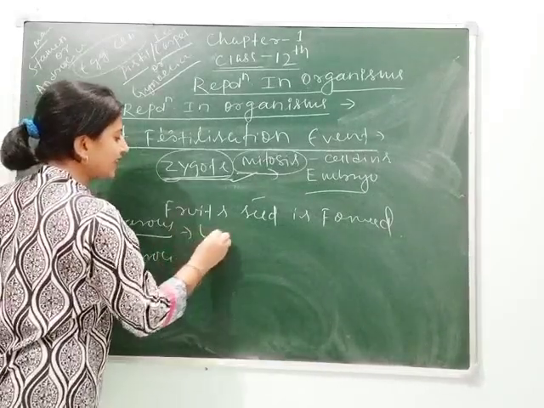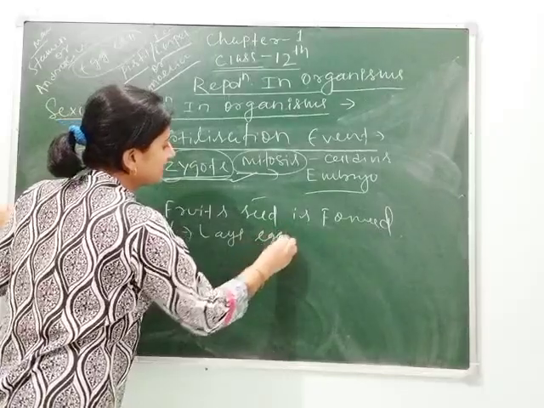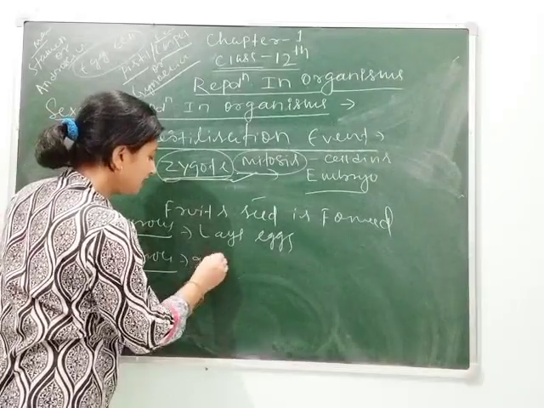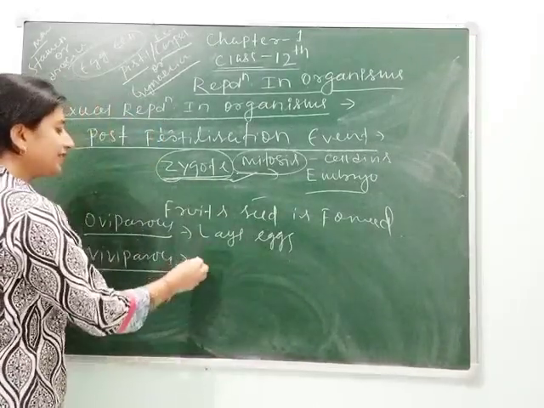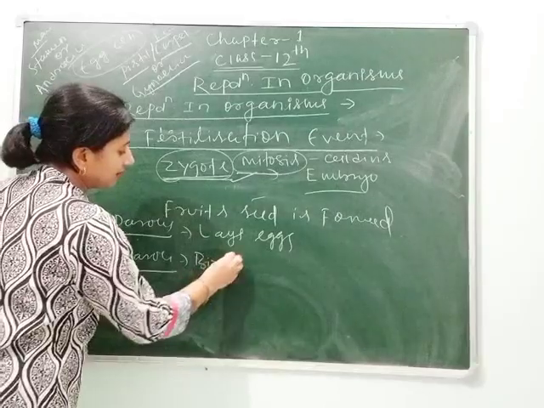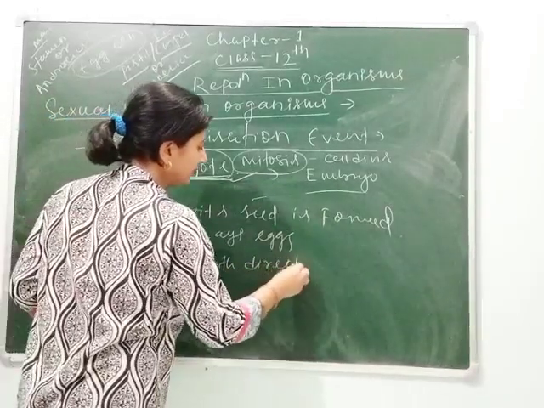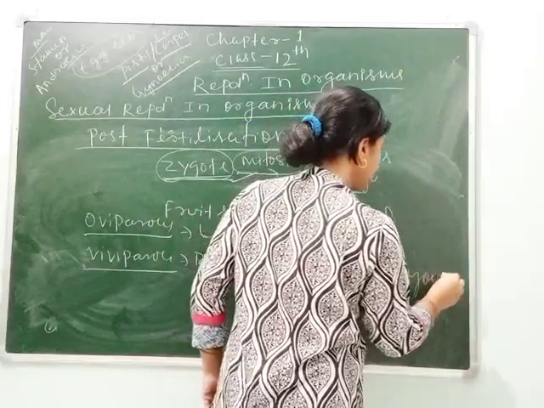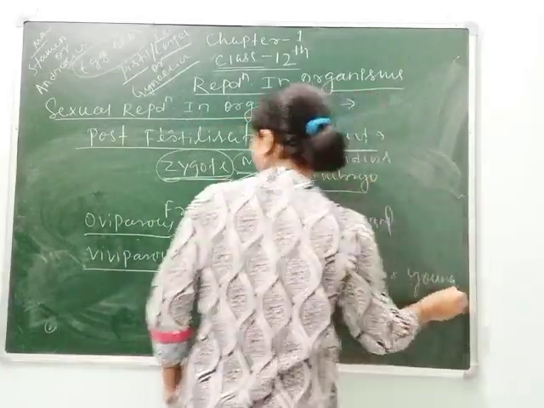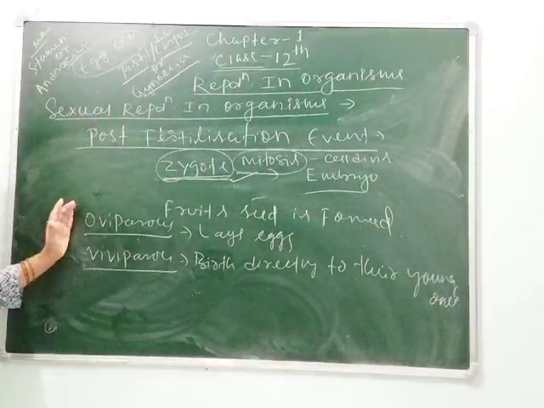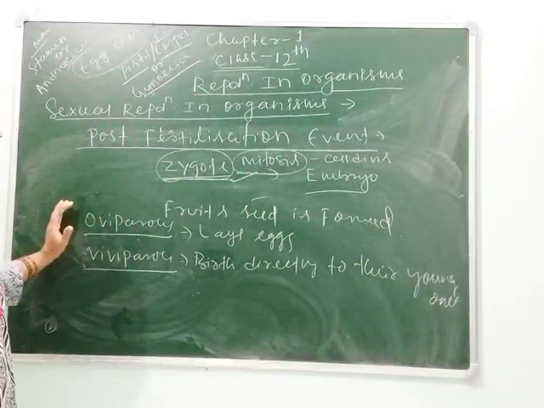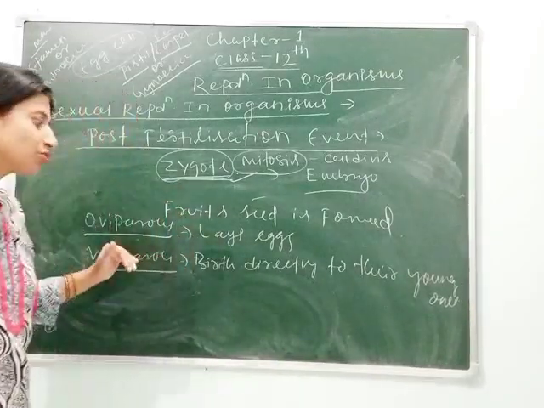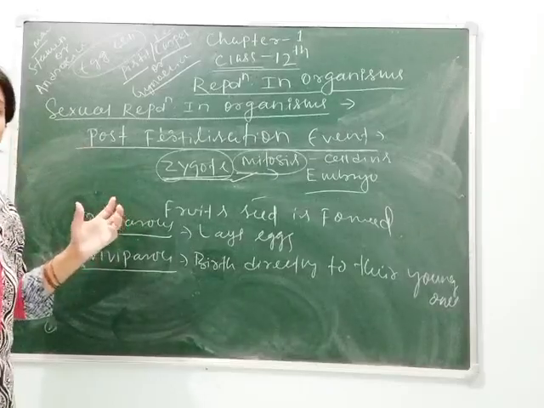Oviparous means those who lay eggs, and viviparous means those who carry their young ones inside their body and give birth directly to their young ones. So oviparous and viviparous are two different types of organisms in the post fertilization event.